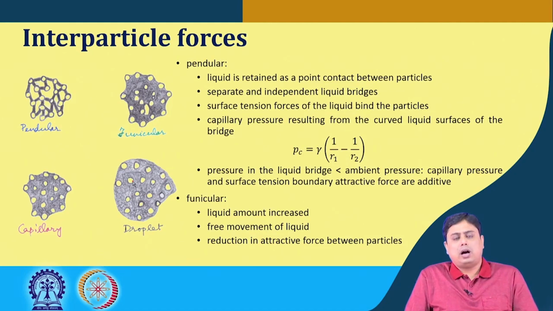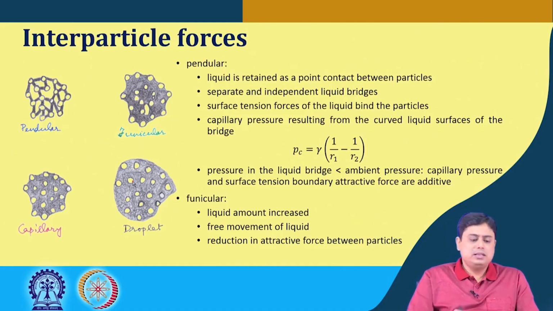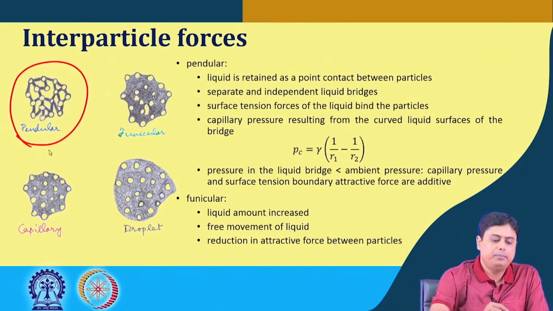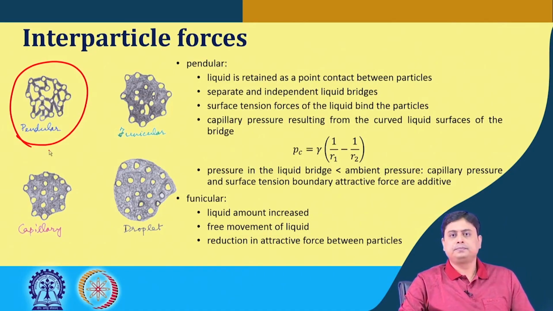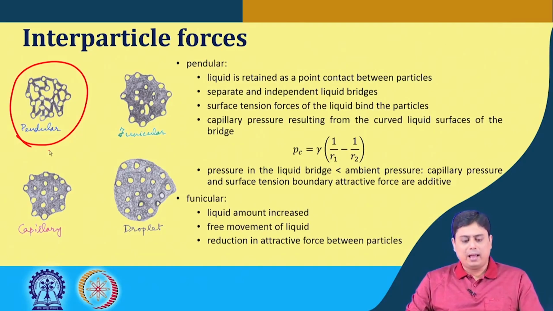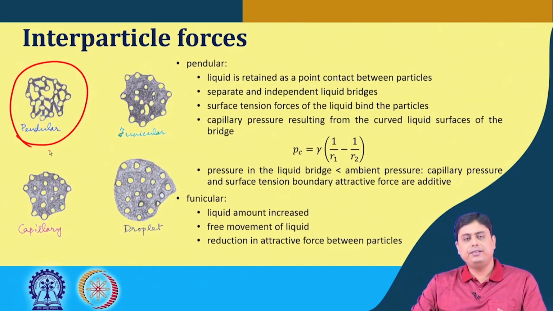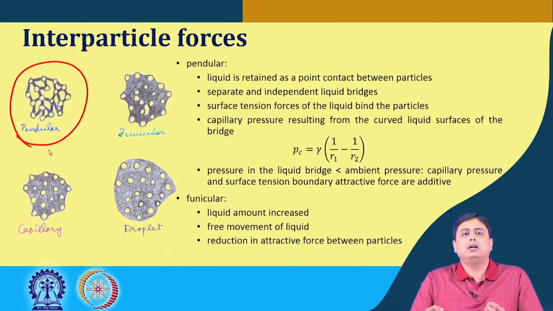So, what are those stages, and what happens there, how does it look? This is the state we call the pendular stage or the pendular state. Here, liquid is basically retained as a point contact between the particles, in the form of a liquid bridge.